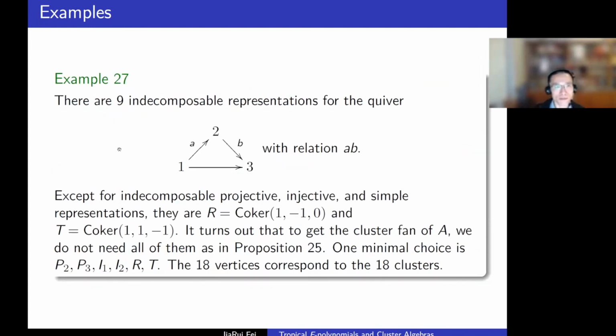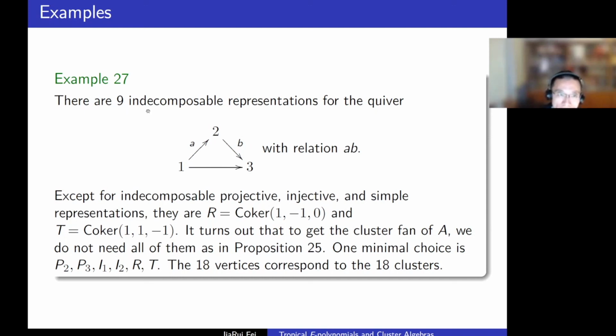Okay, so in the end, I'll show you an example. For this quiver with relation, as you can see, the quiver is like this, and the relation is the vanishing of AB. Sorry, I should put maybe BA here. And so this is not a Jacobian algebra.